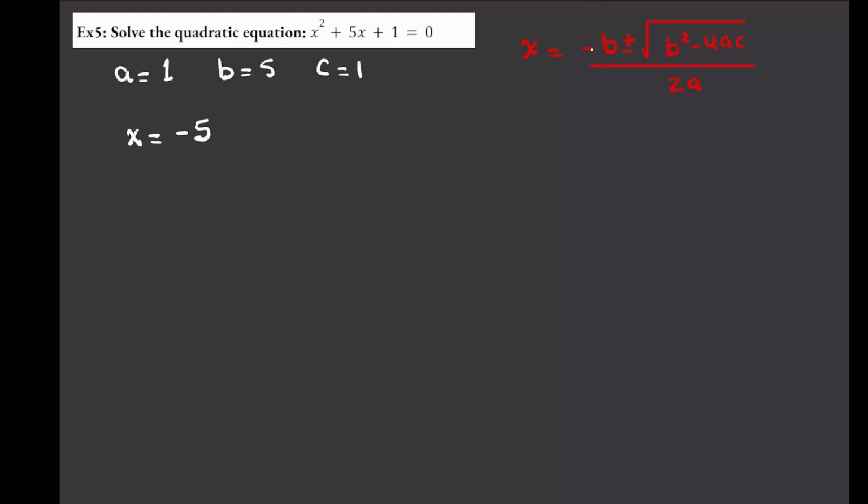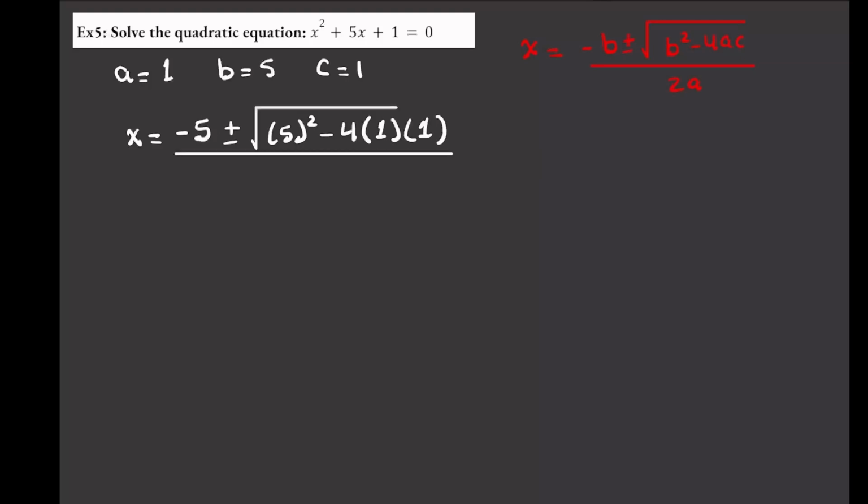Notice that the quadratic formula always has the negative in front of the b on the outside, plus or minus the square root of b squared, which is 5 squared. I always emphasize to use parentheses even if it's a positive number, minus 4 times a, which is 1, times c, which is 1, and then all over 2 times 1.